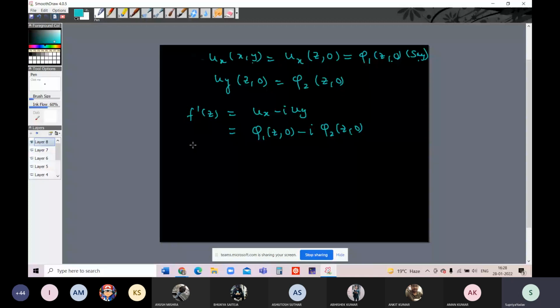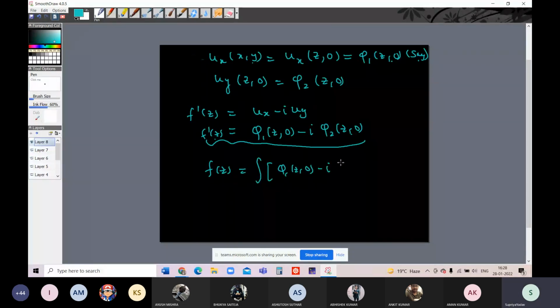Now directly integrating this function with respect to z, it will give you f(z) equal to the integral of phi 1(z, 0) minus i phi 2(z, 0) dz plus a constant of integration. So this will give you the result directly in terms of z. This is the Milne-Thomson method.